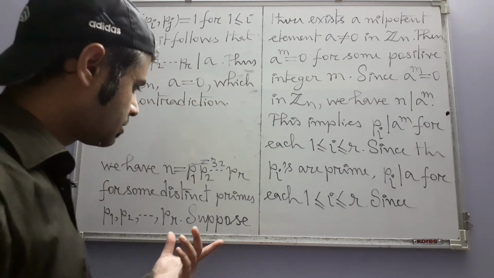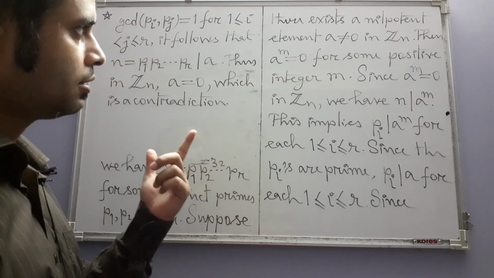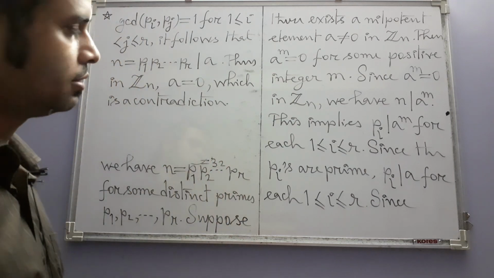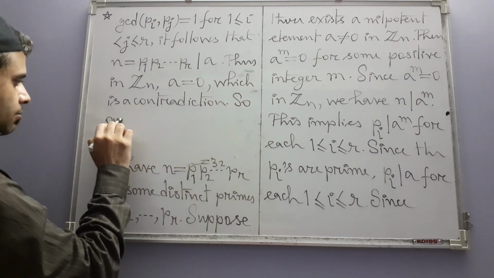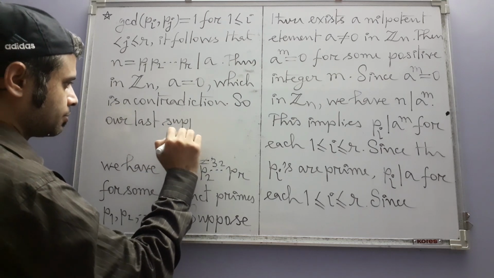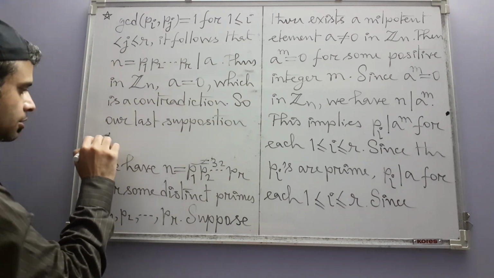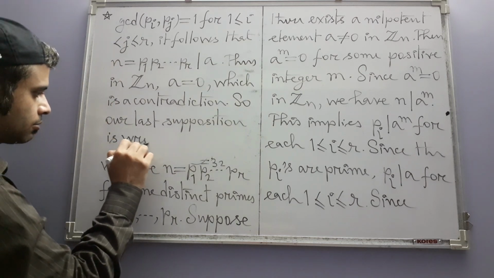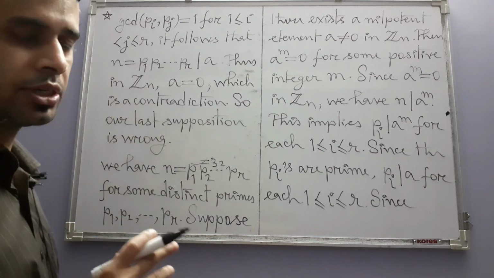That contradiction stems from this supposition that there exists a non-zero nilpotent element in Zn. So our last supposition is wrong. That is, there is no non-zero nilpotent element in Zn.